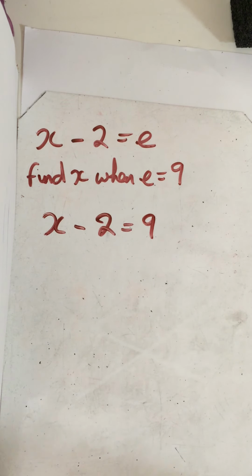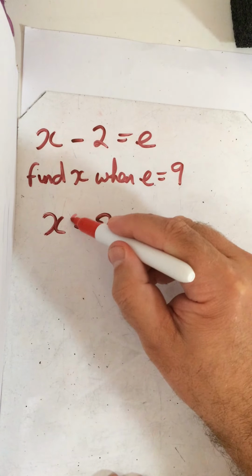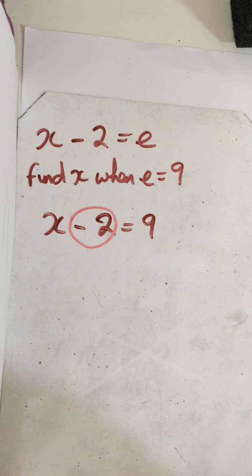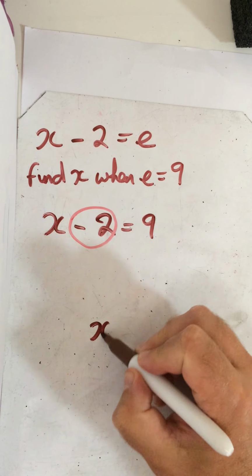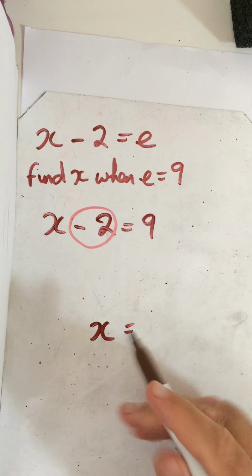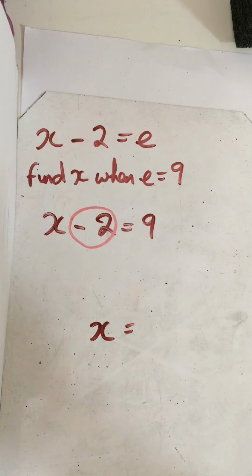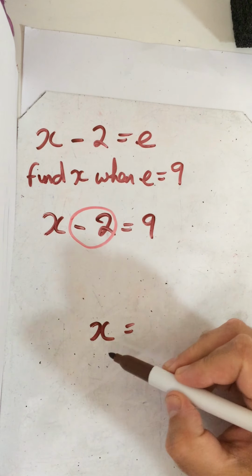And again, when we are using our proper method, I can see that this is a negative 2. Now remember, my aim is to be ending up with x on this side of the equation, and therefore I can find the value of it, to find the value of x.